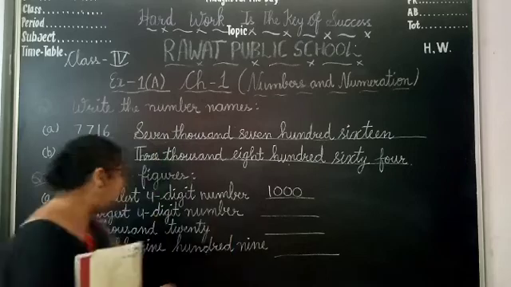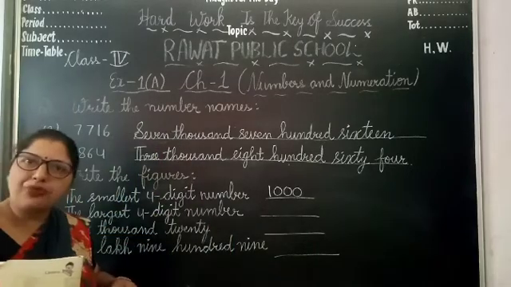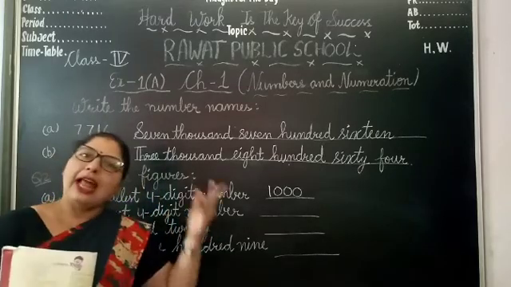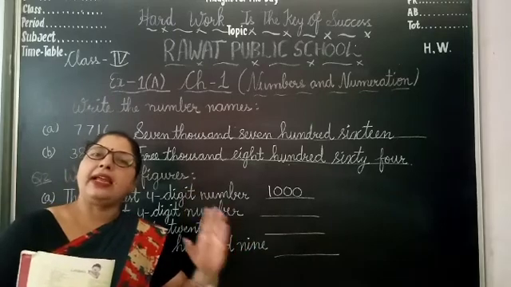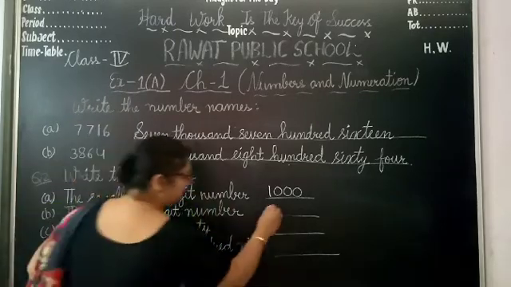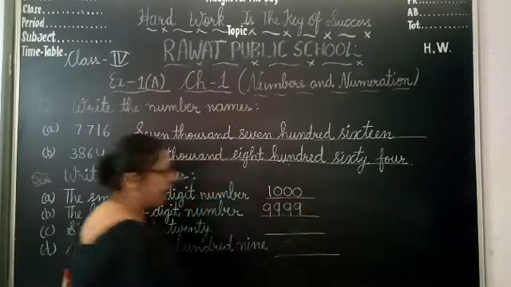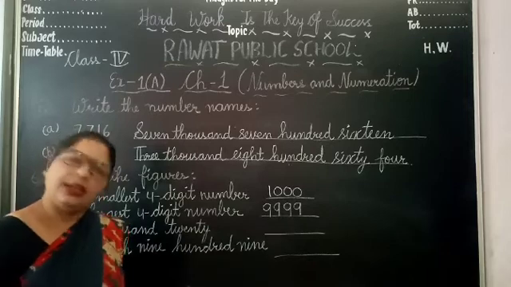Write down 1000. Next is the largest 4-digit number. The largest 1-digit number is 9. So the largest 4-digit number is 9999, four times 9.